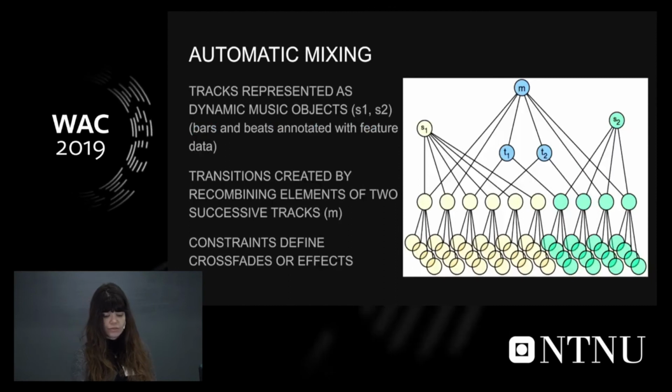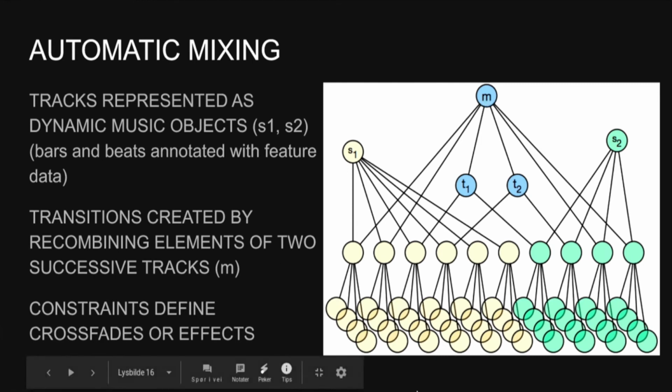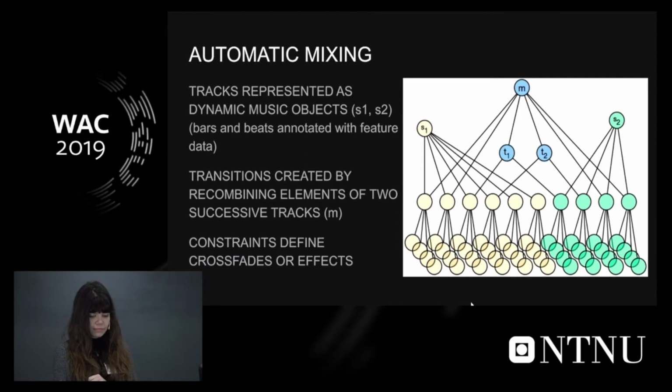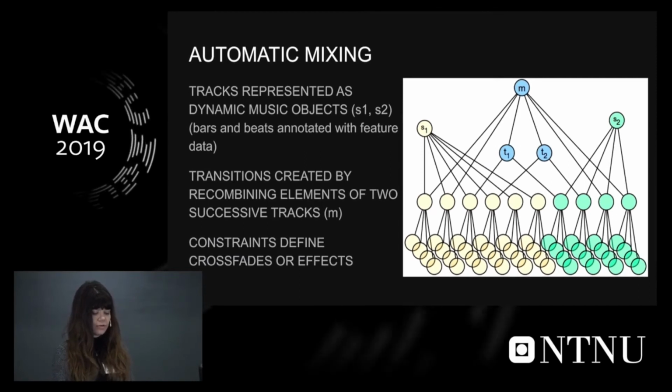So that's how it looks like. You have the S1 and S2, like the yellowish and the green, and they have all these features, and then, depending on them, you create a transition, the M, recombining elements of the two tracks. And then constraints define the crossfades or effects.